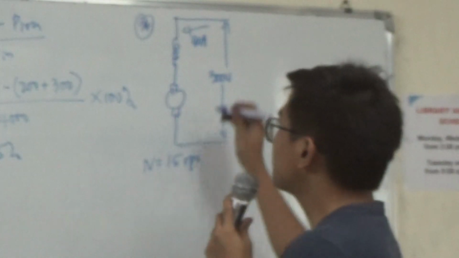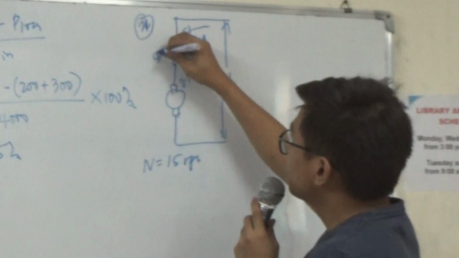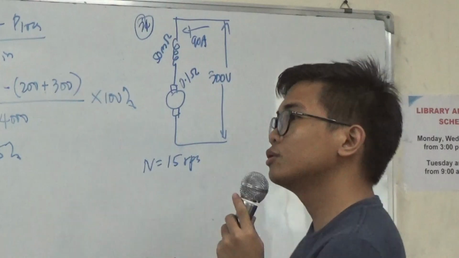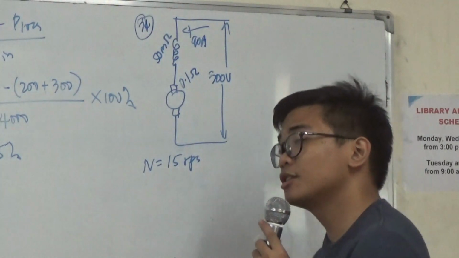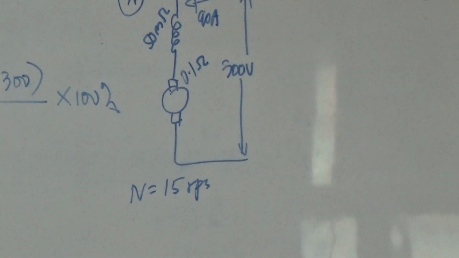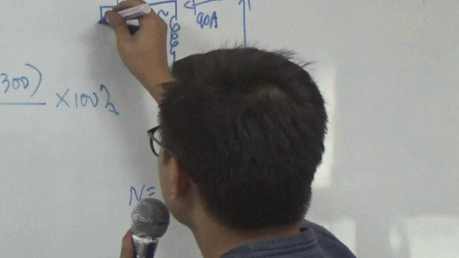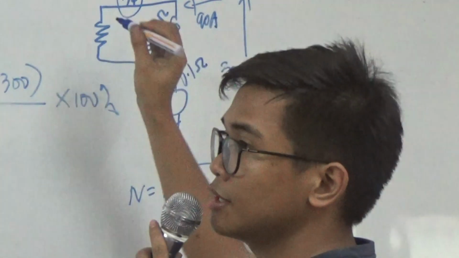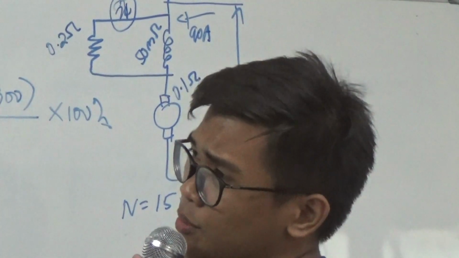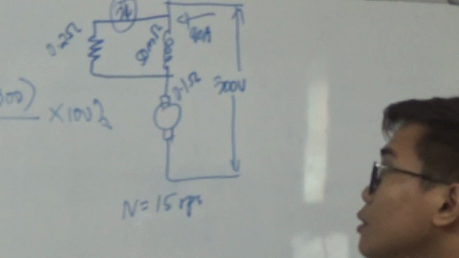The armature resistance is 0.1 ohms and the series winding is 50 milliohms. Determine the speed when developing full load torque with a 0.2 ohms diverter in parallel with the field winding. So meron siyang diverter ng 0.2 ohms. So naglagay siya ng diverter, ano daw yung magiging bagong speed? Assume the flux is proportional to the field current.